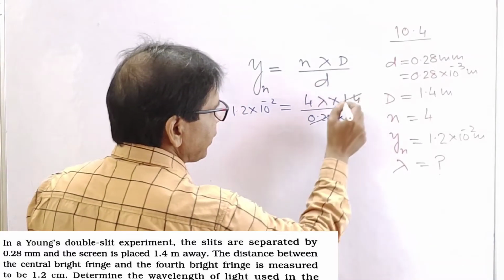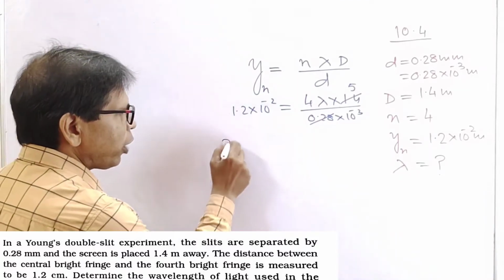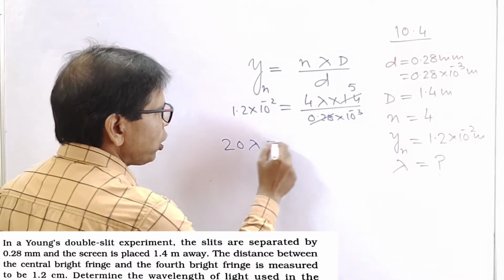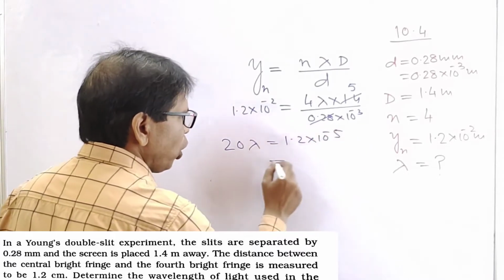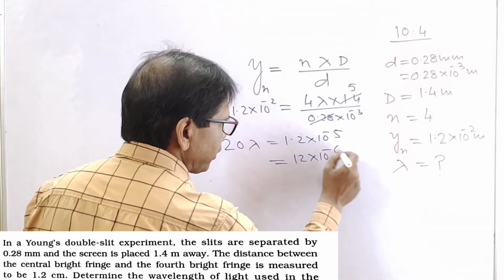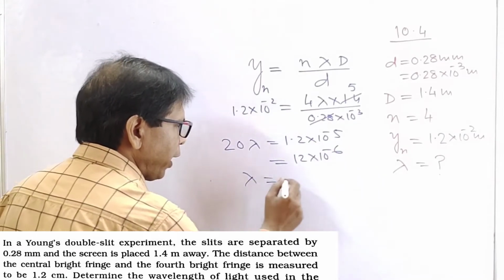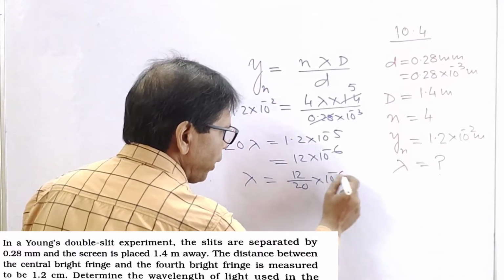Now this and this by 5. Okay, so look at this, this is 20 lambda, which equals 1.2 into 10 to the power minus 5. So this is 12 into 10 to the power minus 6. Therefore lambda equals 12 by 20 into 10 to the power minus 6.